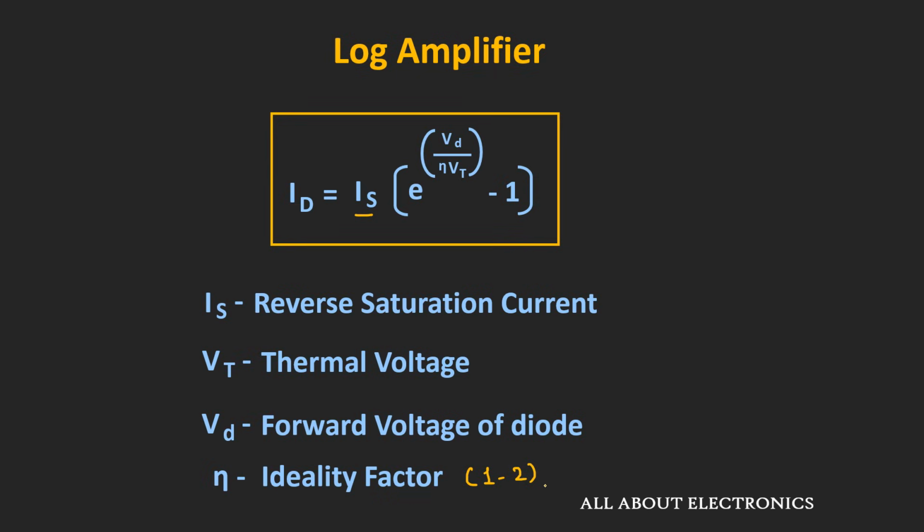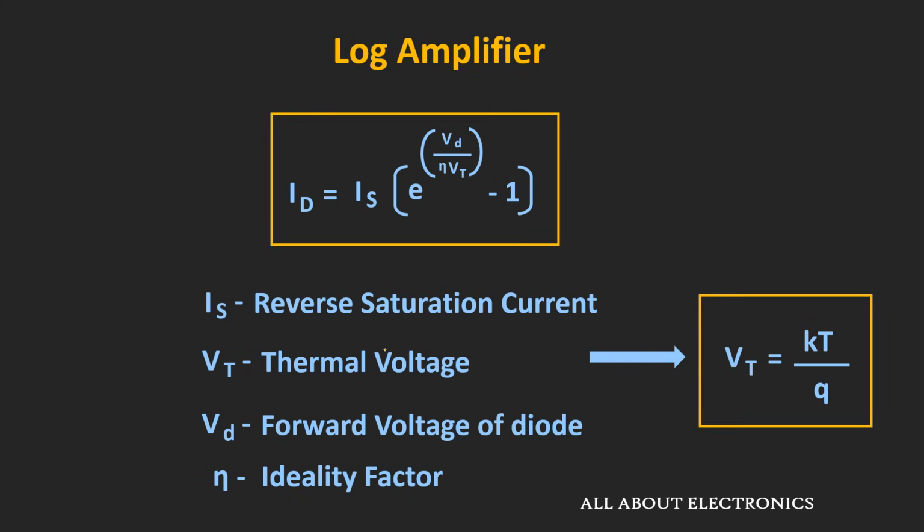Now here this reverse saturation current and the thermal voltage are the temperature dependent parameters. So with temperature, these two parameters will change. In fact, this reverse saturation current will almost get doubled after every 10 degree rise in temperature, while the thermal voltage will change with the temperature by this expression.